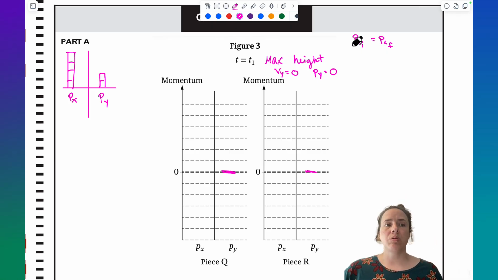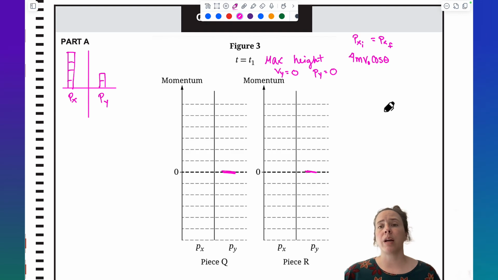So the momentum that I start with, I'm starting with 4 boxes. I'm starting with mass 4m times the x component of my velocity, so v naught cosine theta. I'm going to write that out now because it's going to help us later when we have to figure out some different pieces.